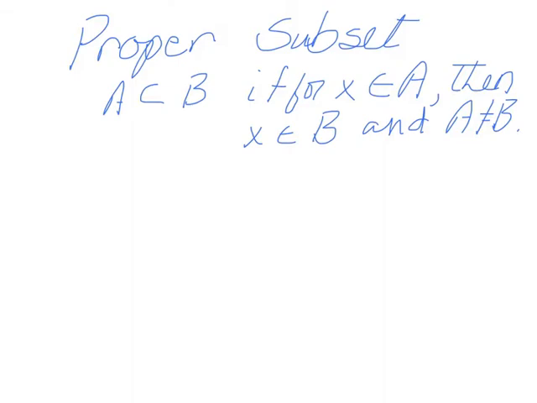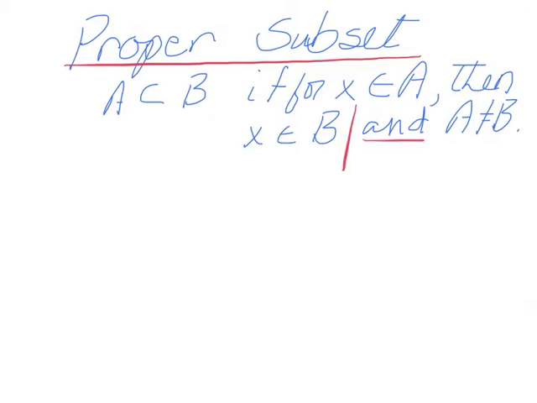So let's look at the idea of what we call a proper subset. A proper subset is A is a subset of B. Notice the difference, no line underneath. A is a subset of B if for every X an element of A, then X is an element of B. And if we stop there, that's the same definition as for subset.